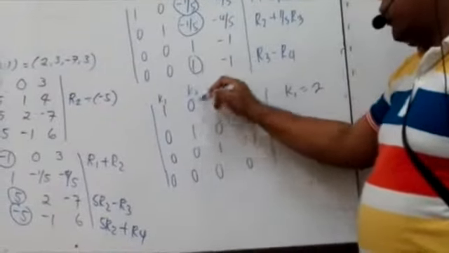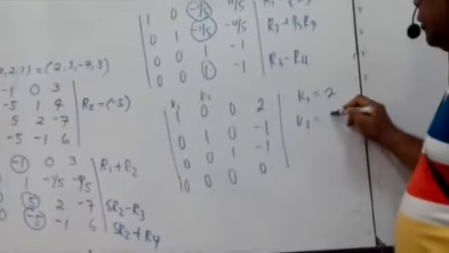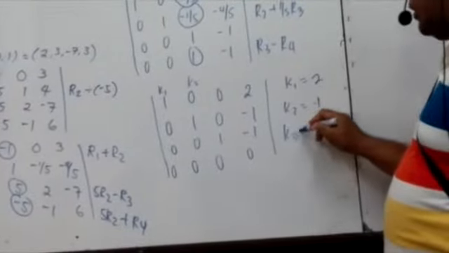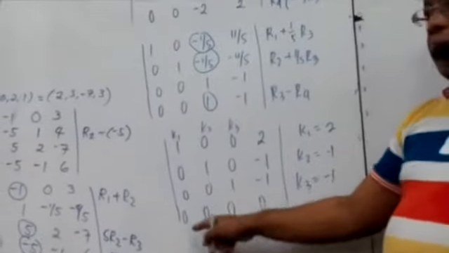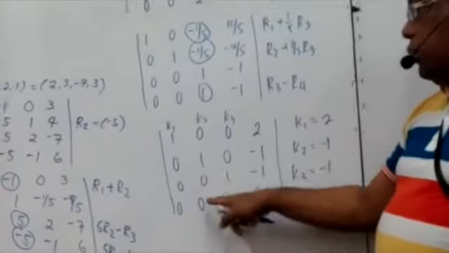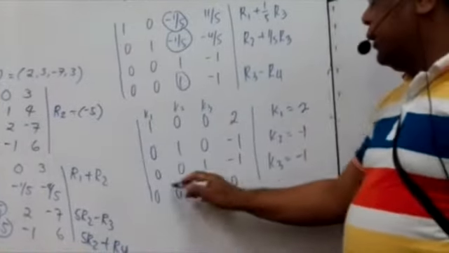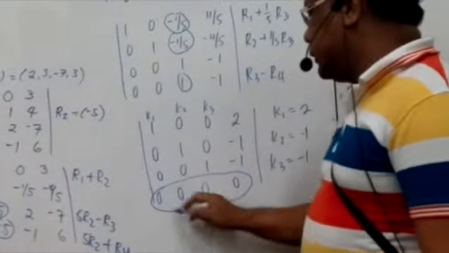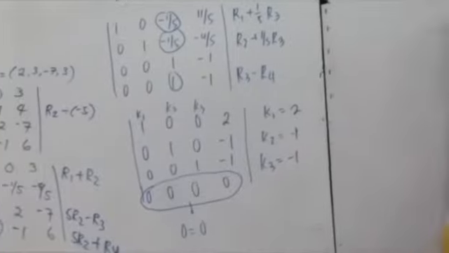Then for the second column, we have K2 equals negative 1. Then we have K3 equals negative 1. Then the last row, class, is a true statement because 0K1 plus 0K2 plus 0K3 equals 0. Okay? So this makes the system an independent or consistent system.